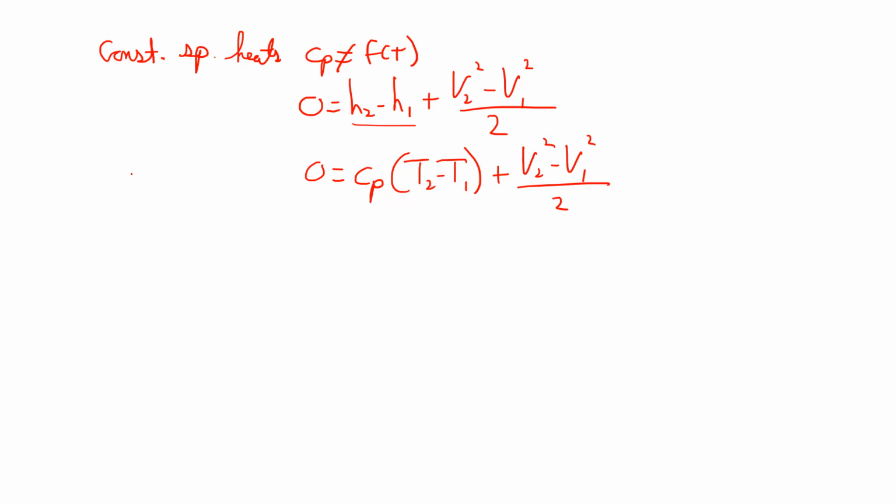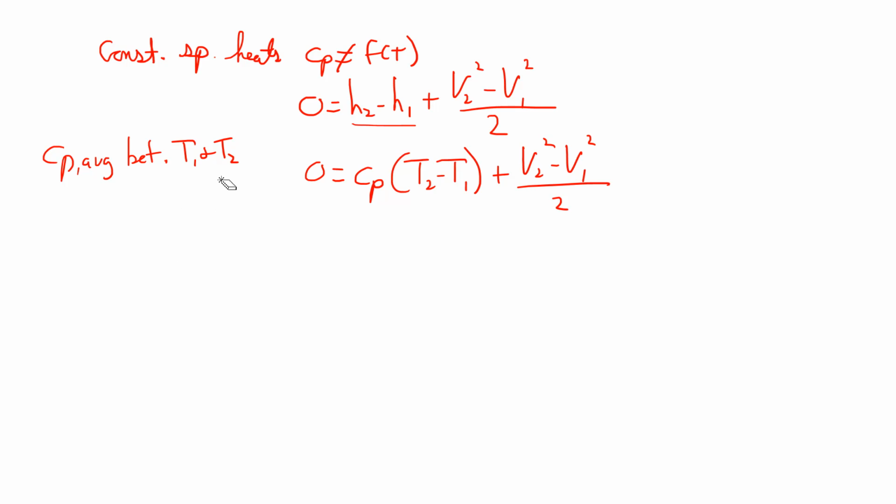And usually what we would do is find Cp average between T1 and T2, right? So I would take the Cp at T1, and also look up the Cp at T2, and then take the average between the two. But in this case, I can't do that. Why can't I do that? Well, it's because I don't know what T2 is.